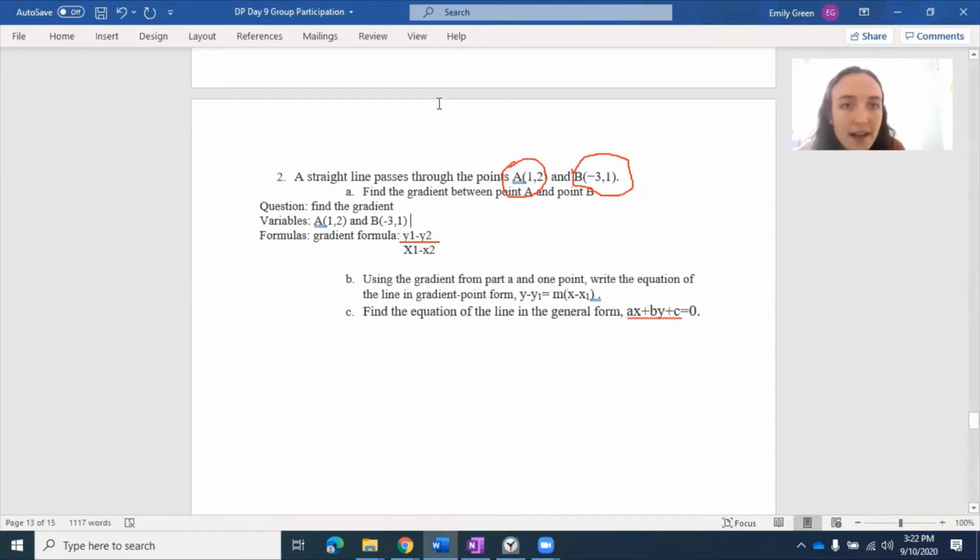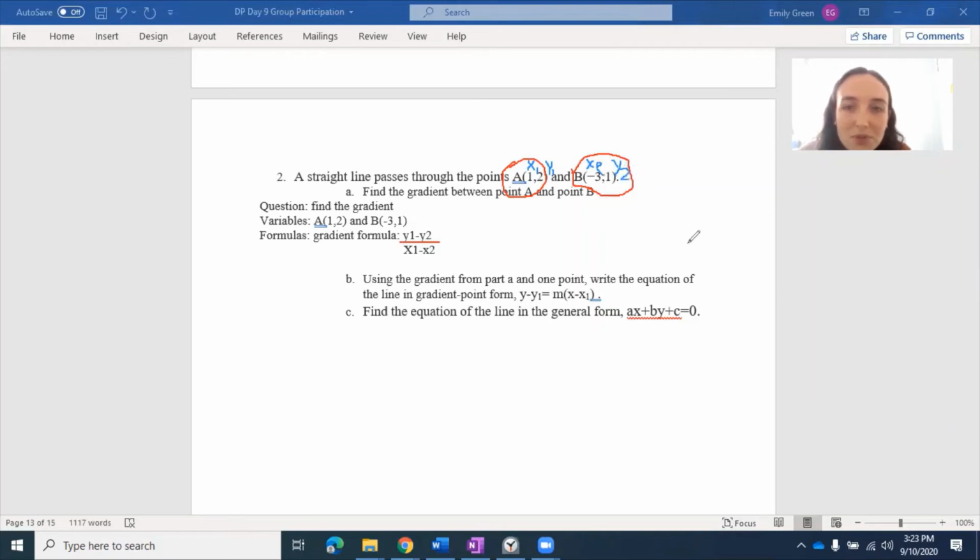Thinking about the fact that we always label our variables as x, then y, that means that this 1 is x1. Then the 2 is y1, because they're the first point. Then when we come to point B, we still have x and y, but since it's the second point, it's x2 and y2.